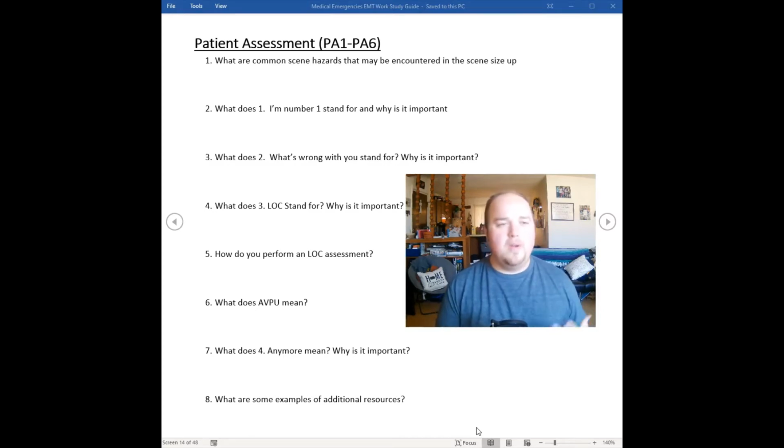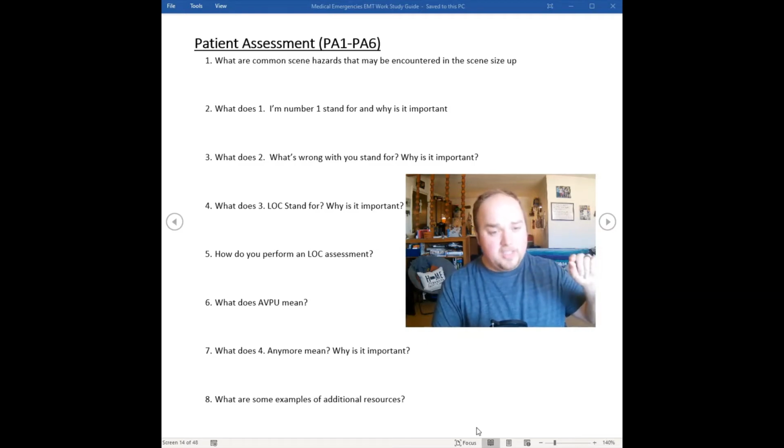So, number one, what are some scene hazards that you might come across when you're encountering your scene size up? Scene size up doesn't stop when you hit the door and that's it. It doesn't stop until you get back to the station. It starts at the station and it stops at the station, because we're constantly scanning the scene and making sure that we're being aware of any hazards.